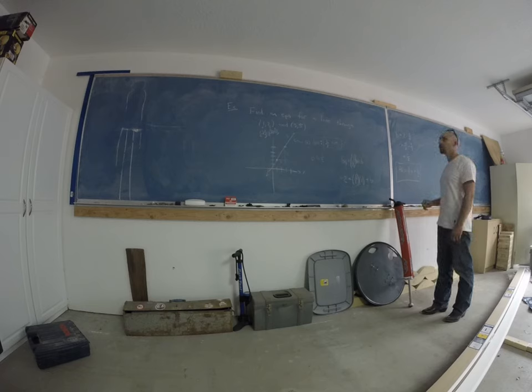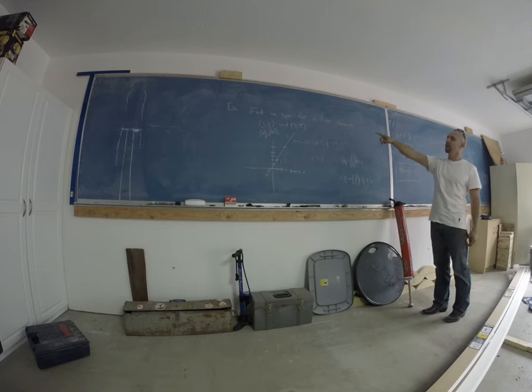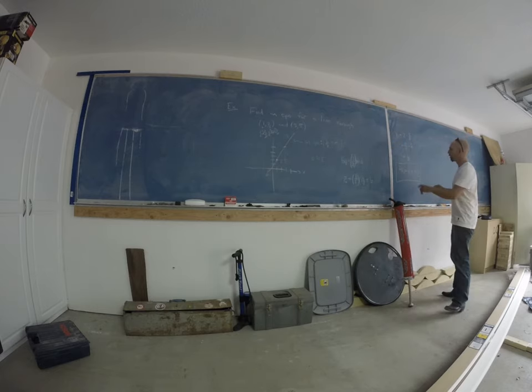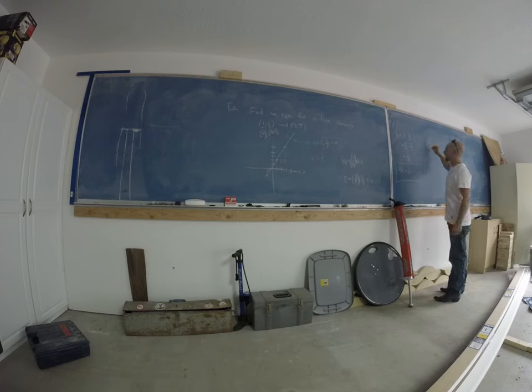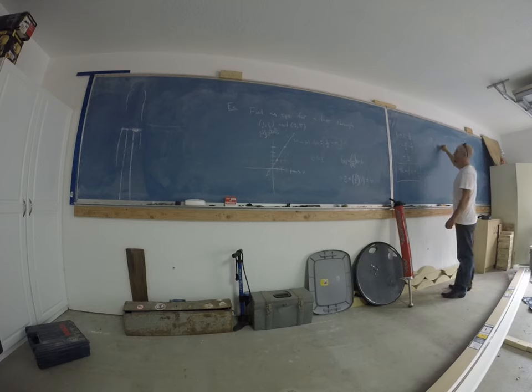Cool? And we could check our equation by plugging in the other point. If we plug in 5, we ask, okay, is 5, the y, equal to 3 halves times 3?